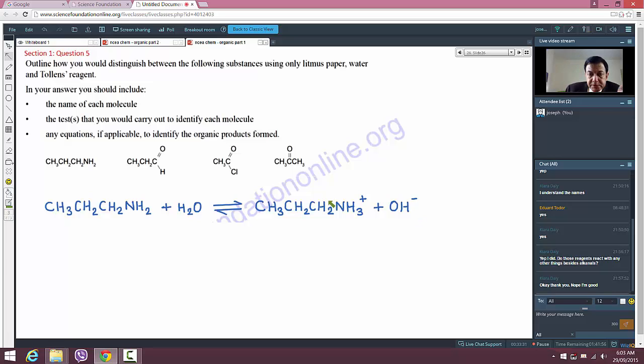That's the reaction when the amine dissolves in water to give you this ion and OH-. Think of it rather like NH3, where one H has been replaced by an alkyl group, and this is like NH4+, where one hydrogen is replaced by the alkyl group. And then OH-. So it's a weak base.